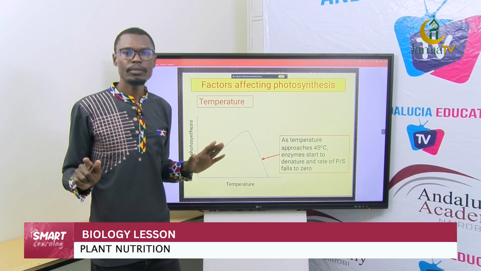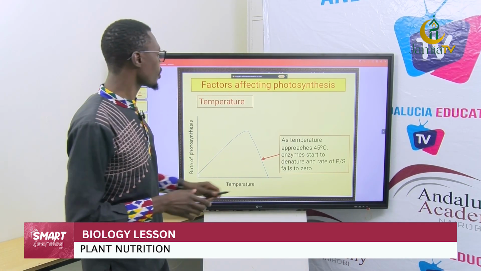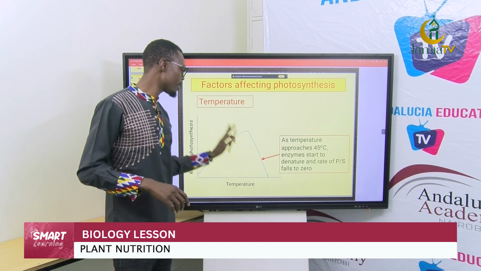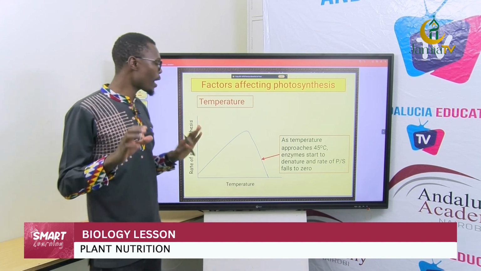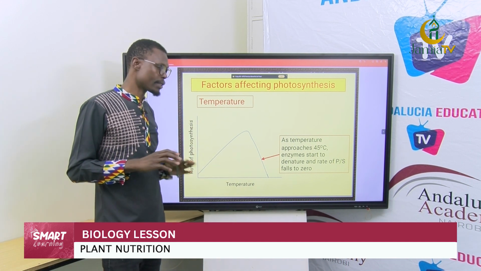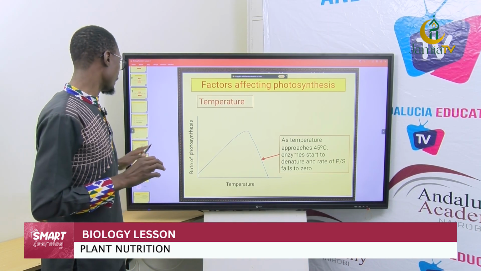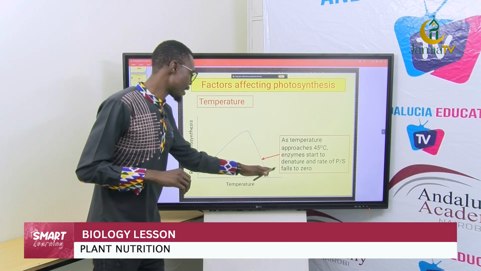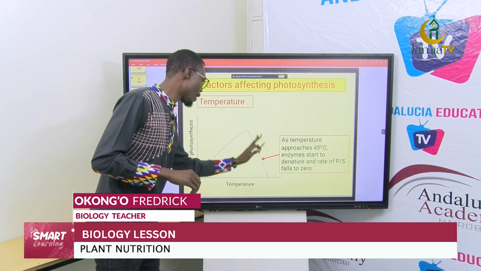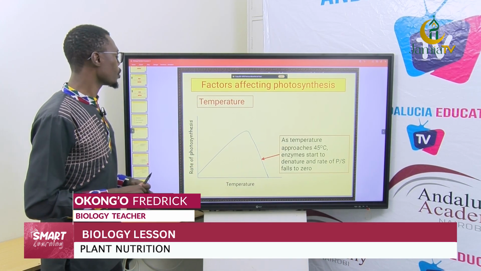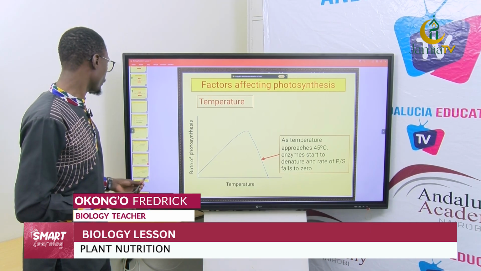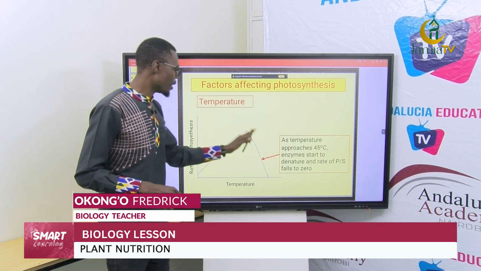No enzyme, no photosynthesis, because enzyme is majorly required for the chemical reaction to take place. The chemical reaction between carbon dioxide and water will require enzyme. Once they are denatured, the graph will fall to 0. There will be a slope. So you discuss this.